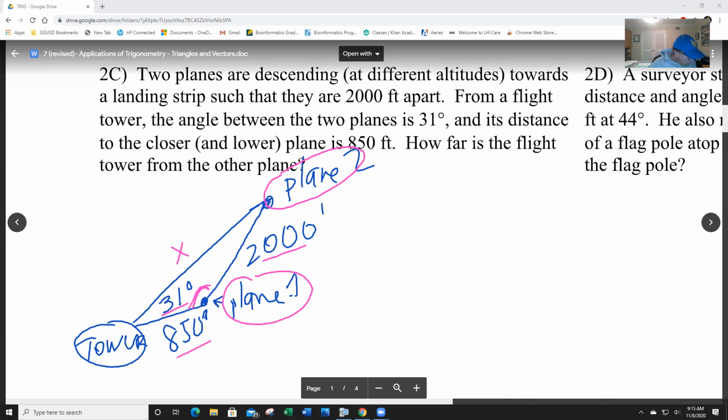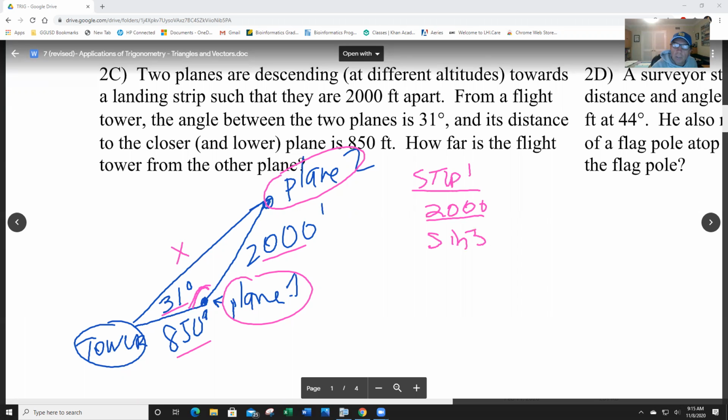So what I'm going to do is the first step. I'm going to call this step one. Step one, I'm going to set up this ratio, 2,000 over the sine of 31 degrees.